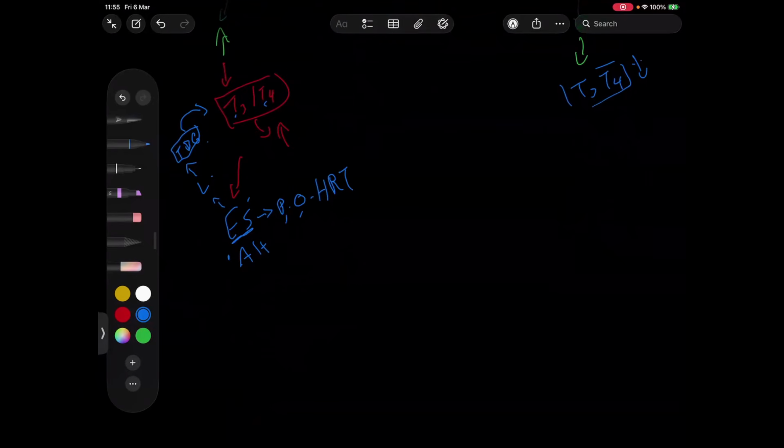If it's low, what are the causes which can decrease TBG? Number one, cirrhosis, chronic liver disease. So acute hepatitis can increase it, chronic liver disease can decrease it. Next, 2.